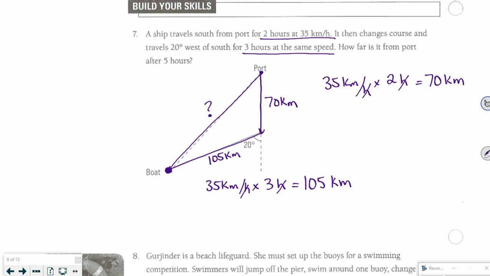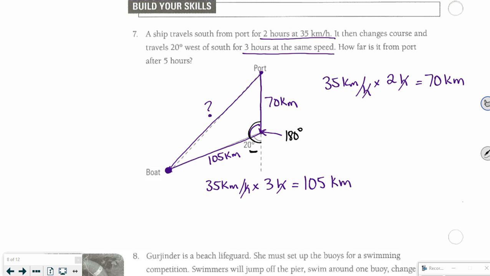In order to find that, we have to know this angle right here, this inside angle. And again, I know that a straight line is 180 degrees. So from here all the way to here is 180.